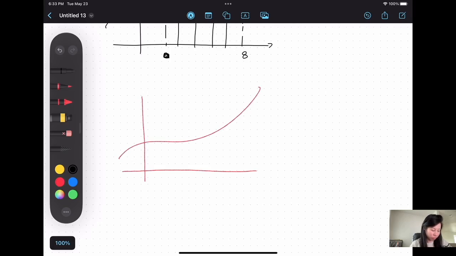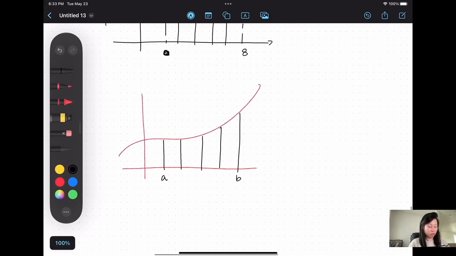Let's do this one. So the total area of this Riemann sum is going to be the area of these 4 small rectangles, from 1 to 5. Let's say the area of the first one is 2, the second one is 2.2, the third one is 2.4, and the fourth one is 3.